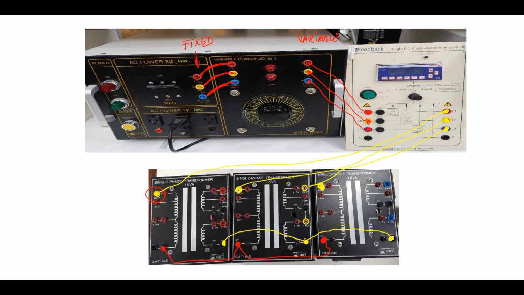Now, same thing. We display voltage for the open circuit test, and we turn this knob toward the nominal value of the voltage.